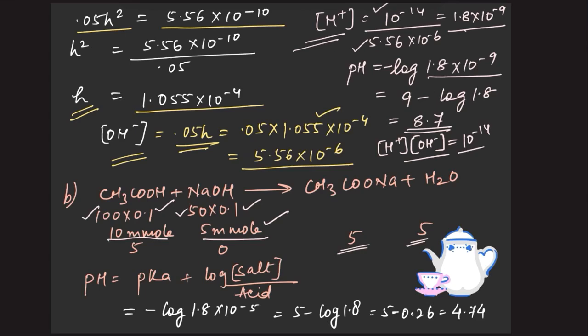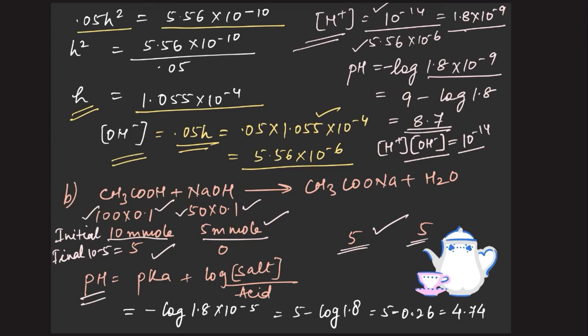Now what is the remaining amount of acetic acid? Initially the amount of acetic acid was 10 millimoles, out of which 5 millimoles reacted. So the final amount of acetic acid is 10 minus 5, which is equal to 5 millimoles. So salt formed is 5 millimoles and acid remaining is 5 millimoles.